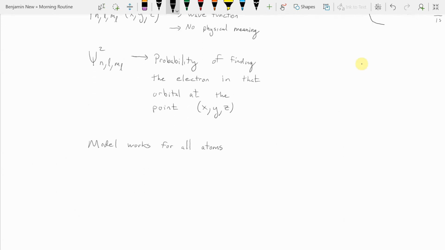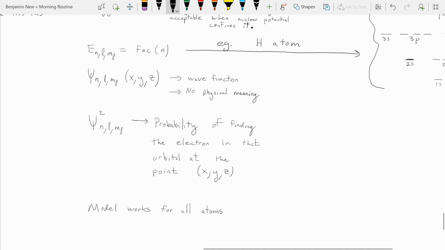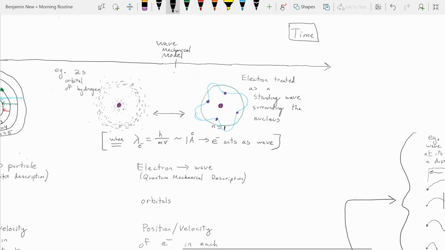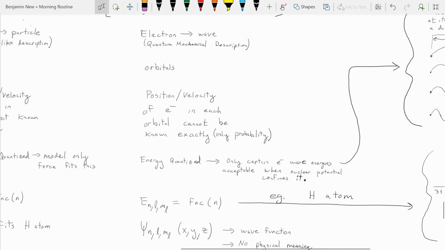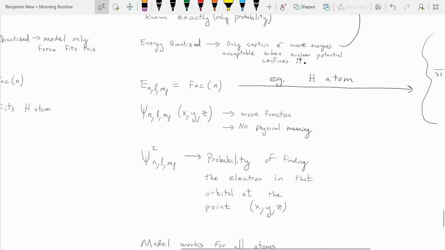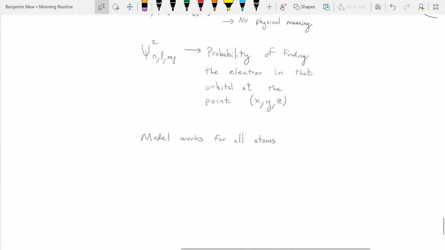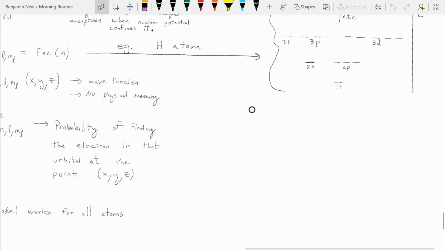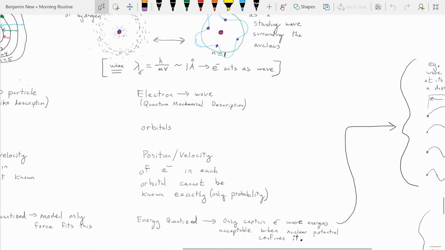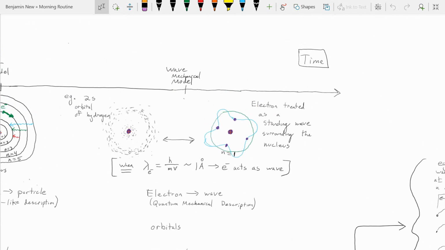And the important part here is that this model, or wave mechanics, where we treat the electron as a wave, and the Schrodinger equation, which I didn't go into detail, works for all atoms, no matter how many electrons, and it works for molecules, it works for anything that has multiple atoms. Of course, you need to treat it on specific waves, but this is the current state of affairs in chemistry.